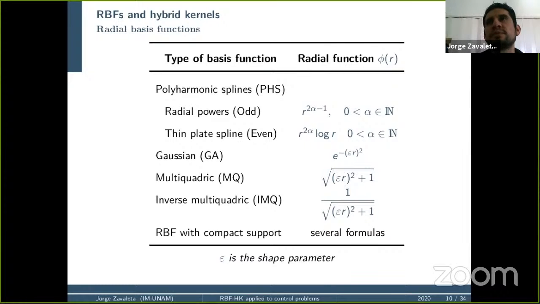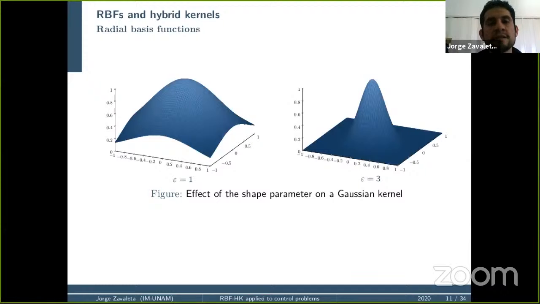Nowadays, for example, it is a user-defined parameter, but it all depends on the data that we are using. To give an idea of how this shape parameter affects the radial basis function, here is an example.